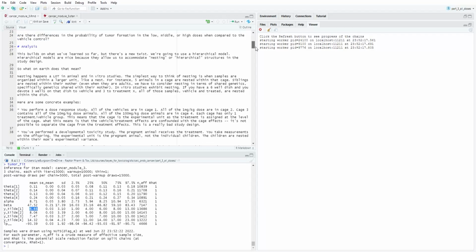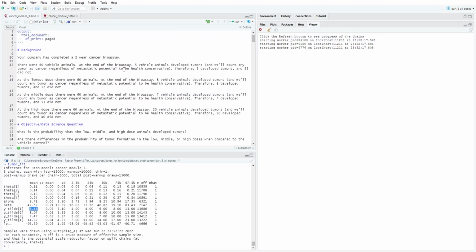And in our observation, we had 5 animals. So that's pretty close, right? That's not too bad. For low dose, we have 8 here, and low dose, we have 8. Hooray! For medium dose, we have 7.47, and here we have 7. That's pretty darn close, if you ask me. But we've got 14 here, and 20 was what we observed.